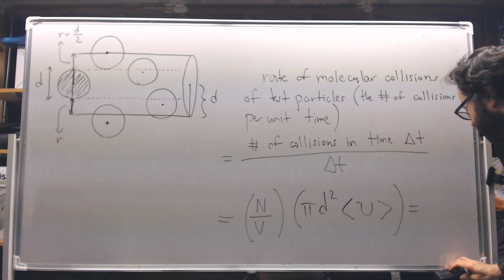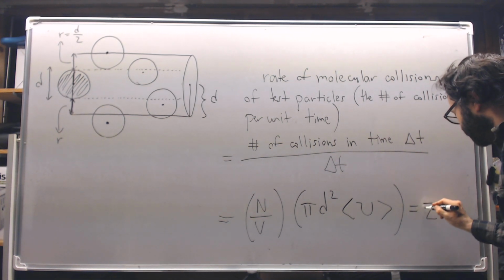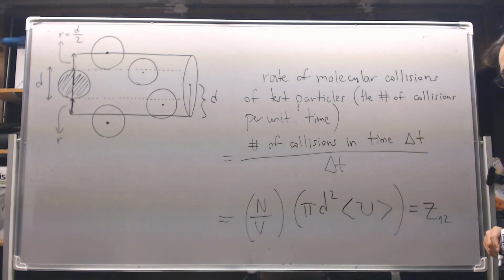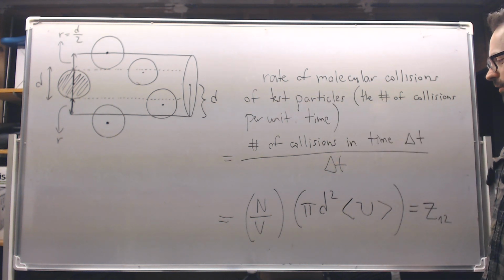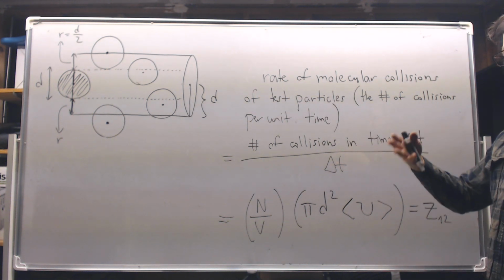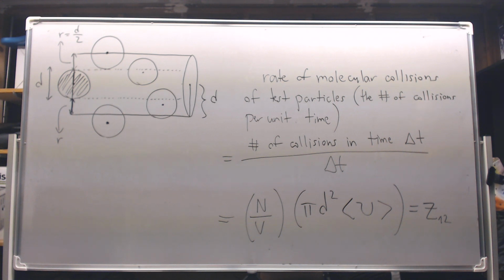I really want to make this small, because the big Z is used for something else. Z12 meaning that particle 1 collides with some other particle 2, or some other particles 2. We're not saying that our test particle is the same as all the other particles, but certainly we are trying to imply this in a dilute gas of the same kind.